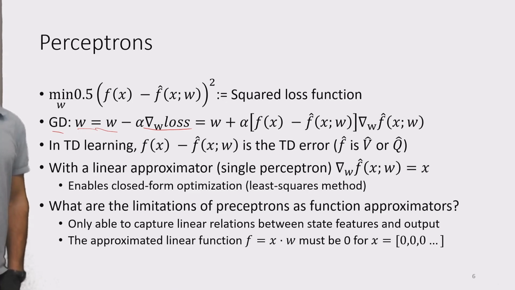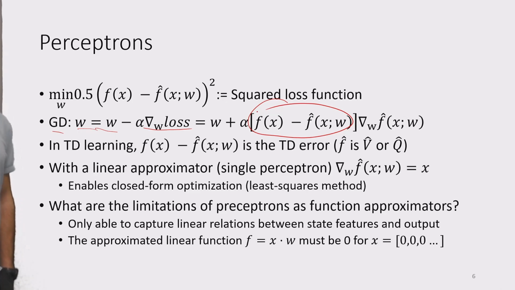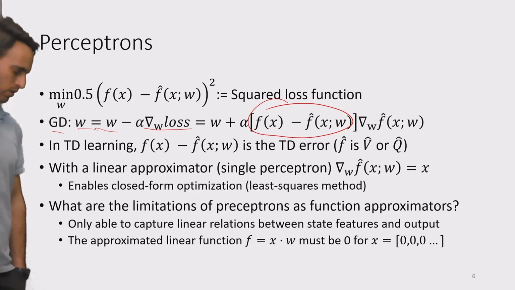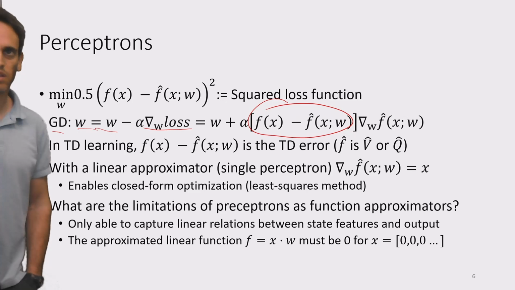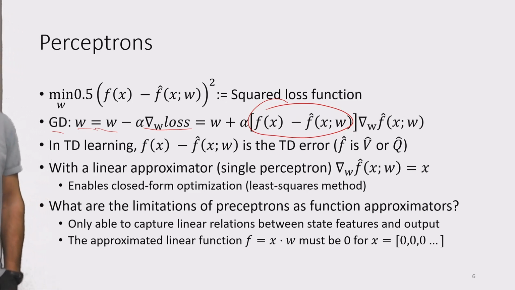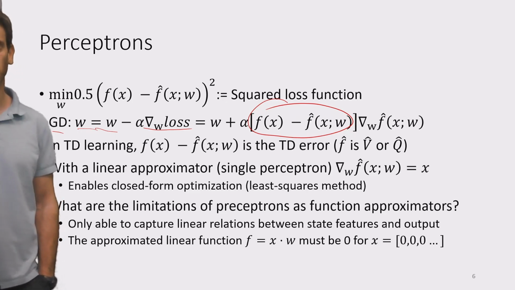And as we saw previously for temporal difference learning, for TD learning, the derivative of the squared loss function is similar to the TD error, right? And this is also the case for the Monte Carlo approach. We've seen that before in the previous topic.